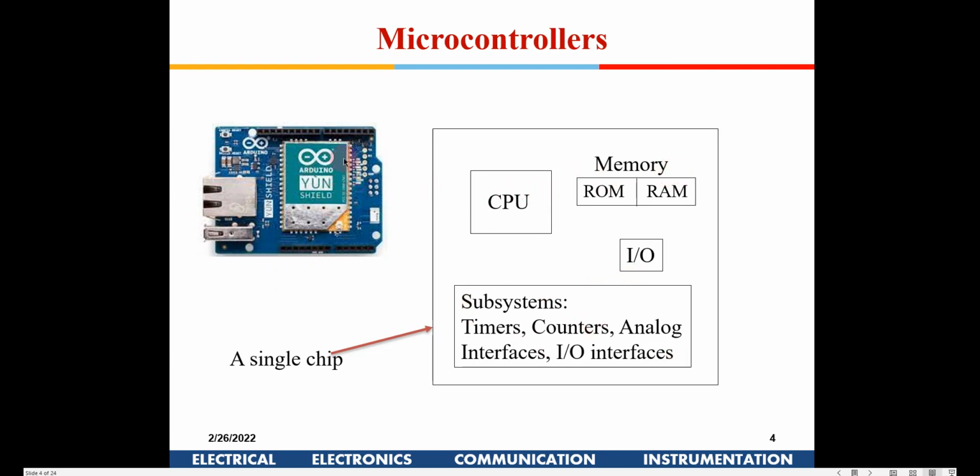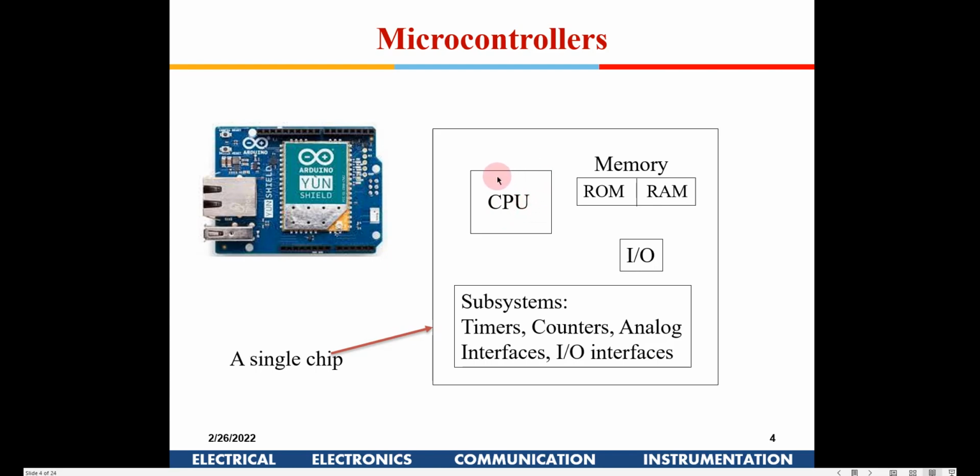Obviously, because of space constraints, and because microcontrollers are generally used for small computations and small, less complex tasks, the CPUs are not very high level. You could say it can't do very complex instructions, or it will take a large time to do complex instructions, right?